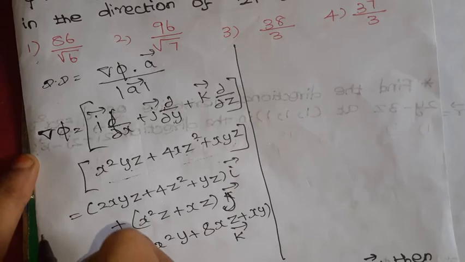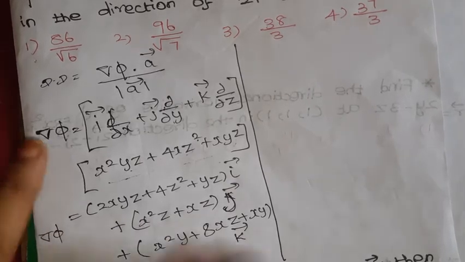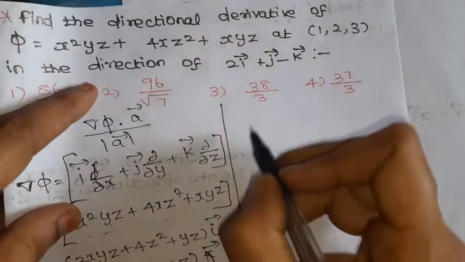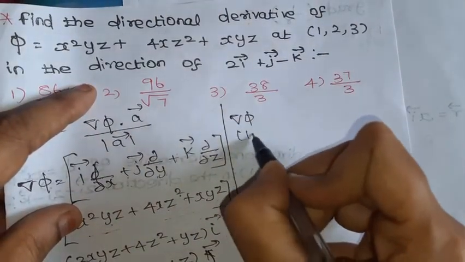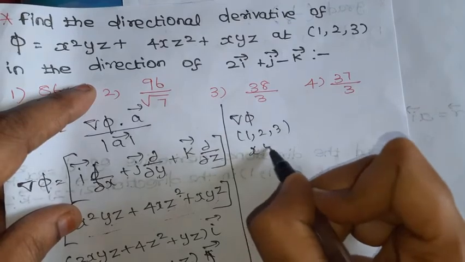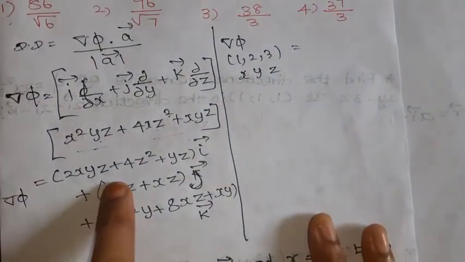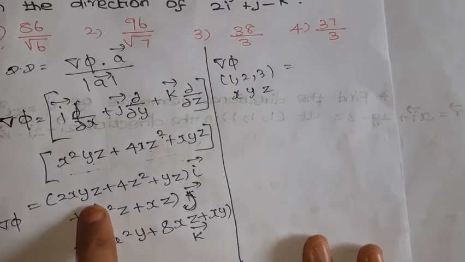Then what is the next step? Del phi at the given point 1 2 3, which means x y z, substitute these values here. Okay, in place of x y z substitute 1 2 3.